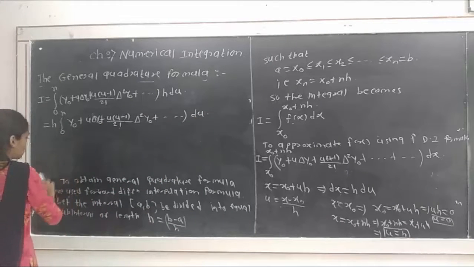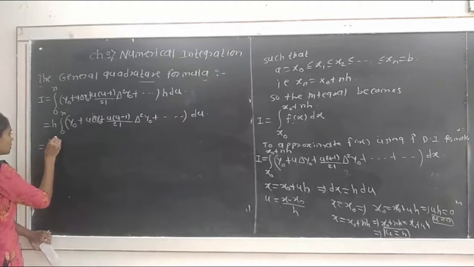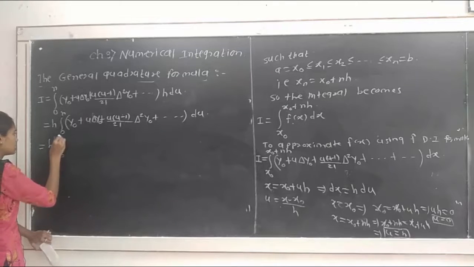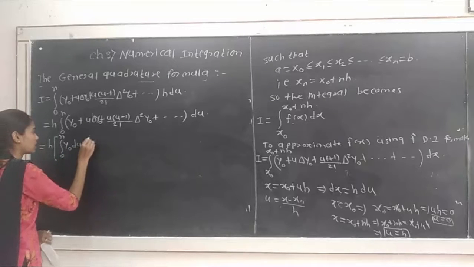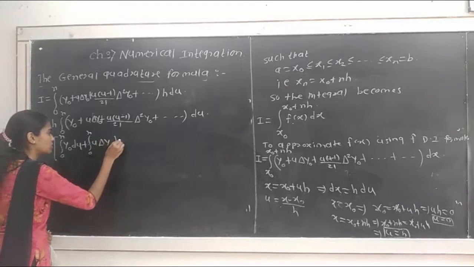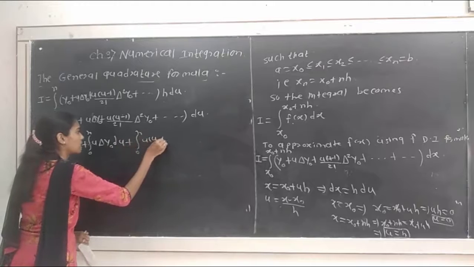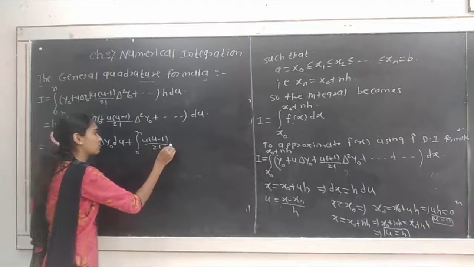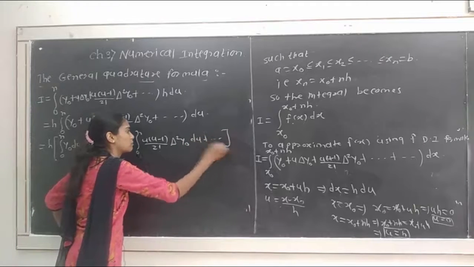Then we want to find this integral, which is equal to h times, in brackets, we separate the integrals: integral 0 to n of y0 du, plus the second integral 0 to n of u into delta y0 du, plus the integral from 0 to n of u into u minus 1 divided by 2 factorial delta square y0 into du, plus, and so on.